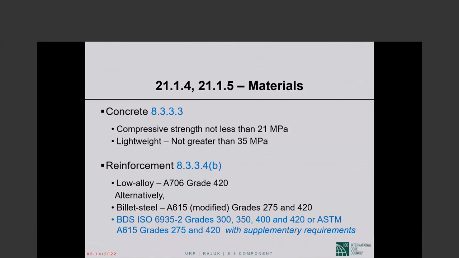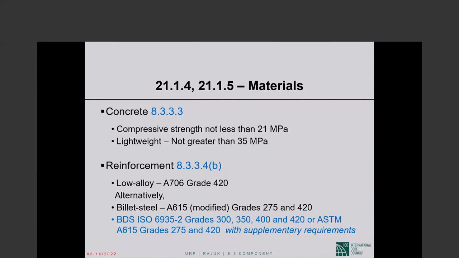The materials restrictions are in common with special moment frames. So all the restrictions that we discussed earlier as being applicable to special moment frames also apply to special shear walls. So we have gone over these restrictions.